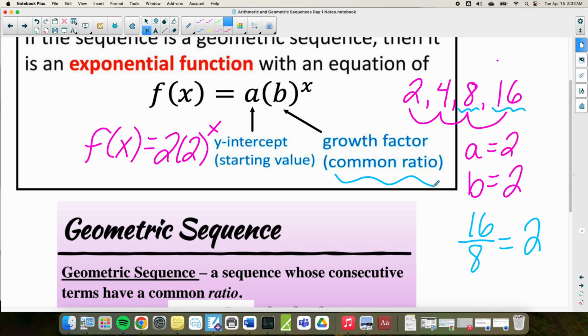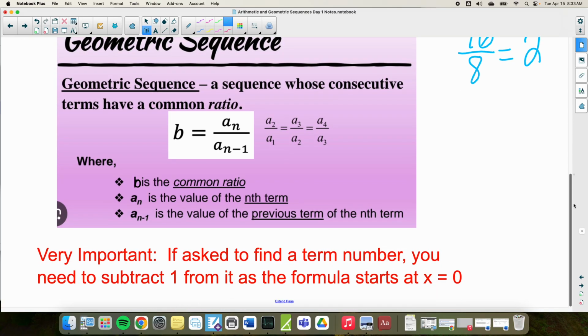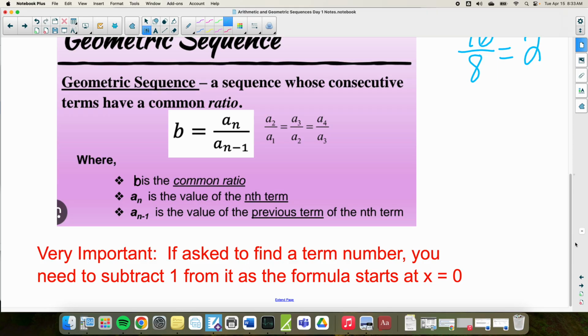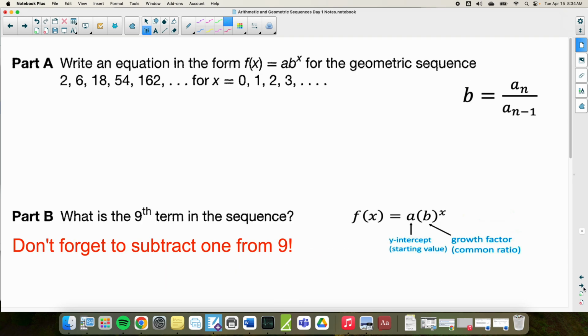This one's easy to tell without dividing, but you always would take a later number and divide it by the one right before it, okay? And again in this one, if they ask for the 26th term you put in 25, you subtract 1, okay?